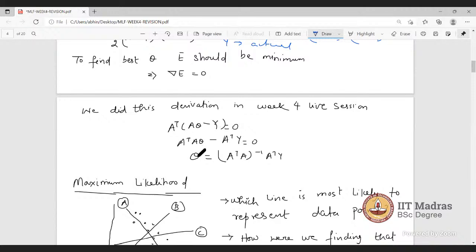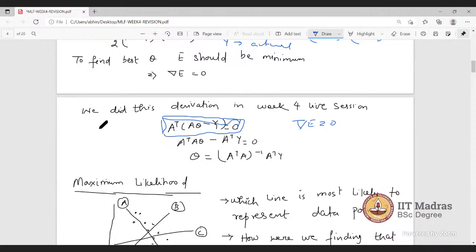From this, we get theta equal to A transpose A. Simply see, when you do del E equal to 0, you get this particular equation. The A transpose which you had a doubt about comes from this equation.